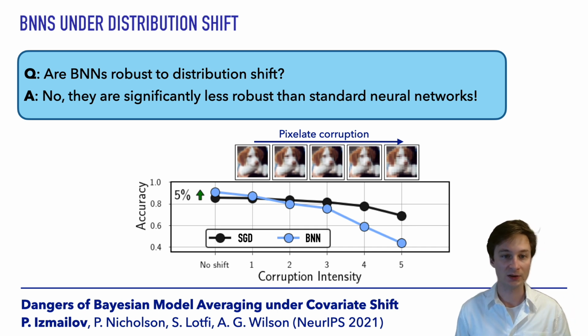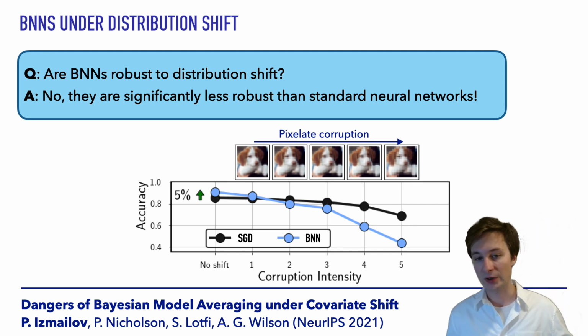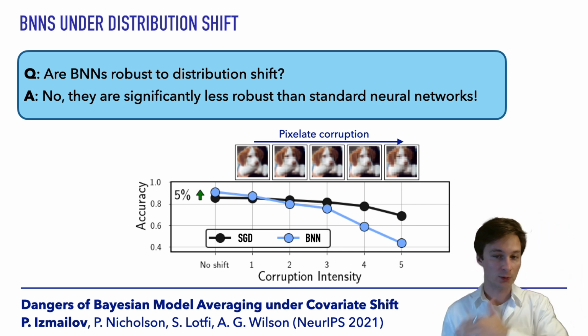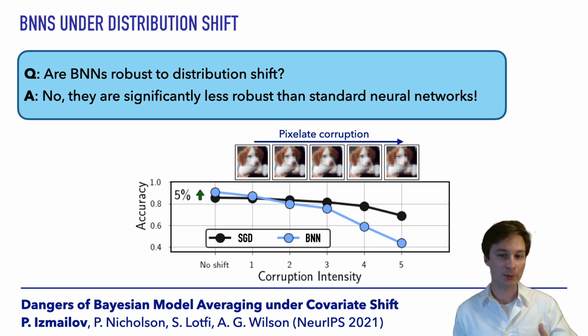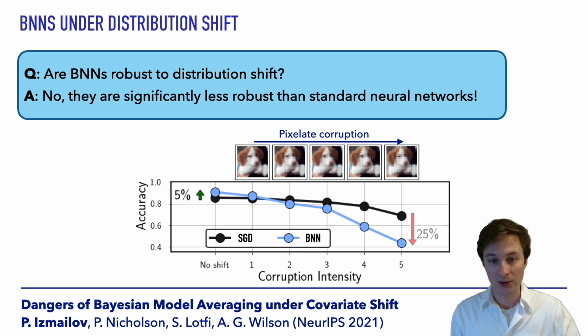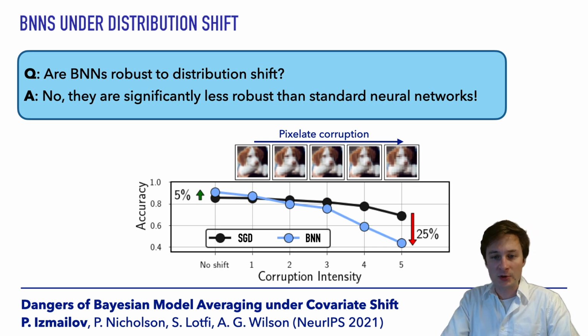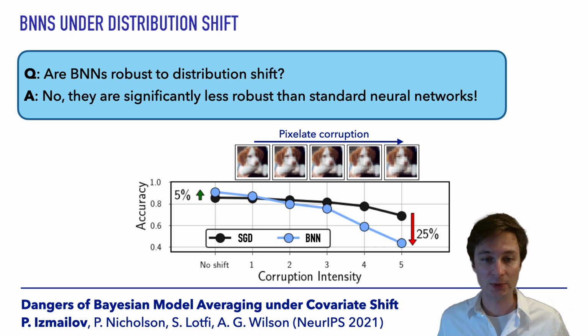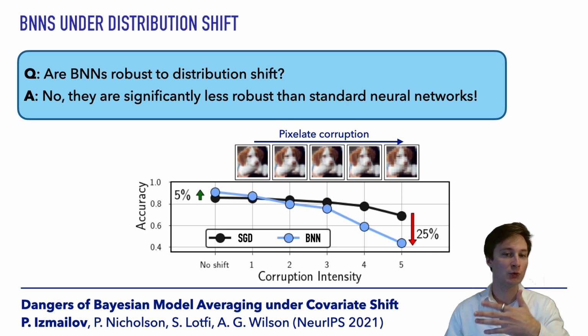There is a 5% absolute improvement in accuracy. But as we corrupt the images, the performance drops for both SGD and the Bayesian neural network, but it drops much more drastically for the Bayesian neural network. And at the highest degree of corruption, there is a 25% decrease in performance in the Bayesian neural network compared to the SGD solution. So the performance drops from 65 to 40%.